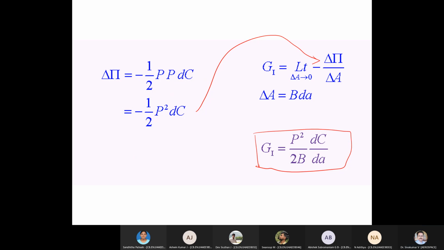G1 equals P square dC by dA into 2B. Okay.